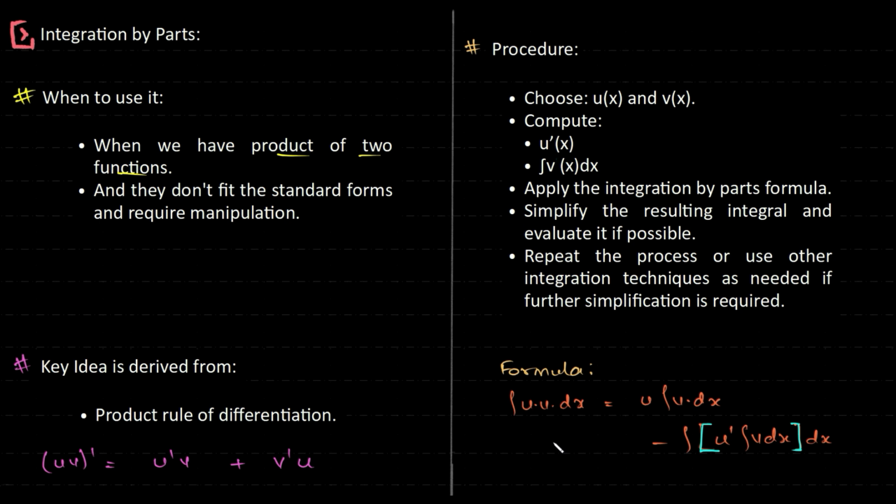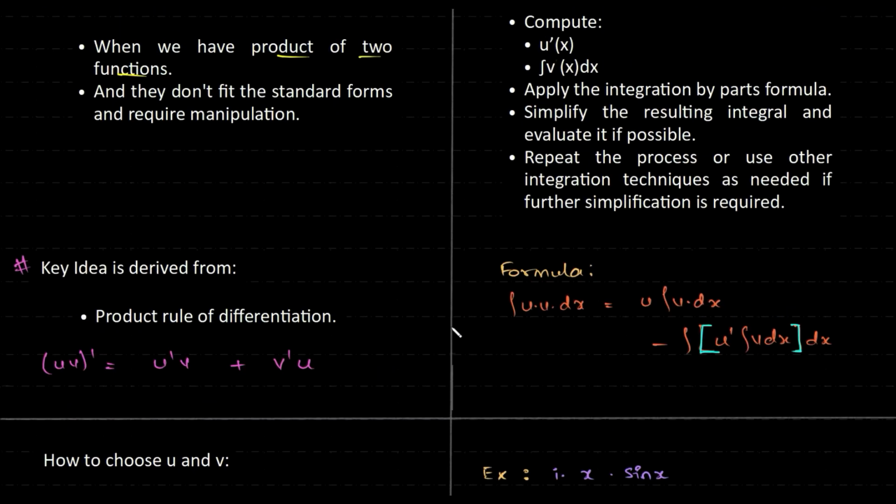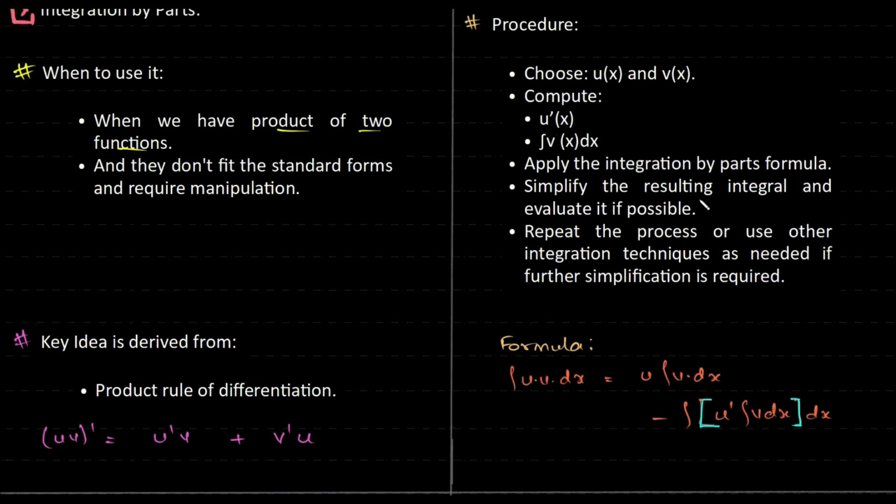Basically something like this, right? Agree? Next, post this, simplify the resulting integral and evaluate if possible. Repeat the process or use other integration techniques, and so on and so forth. So this is the basic idea. I will give an example, only then it will make sense.